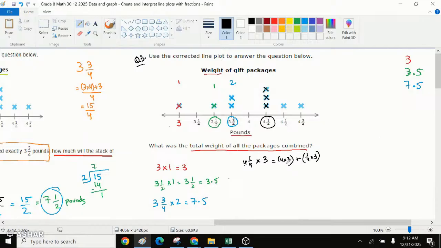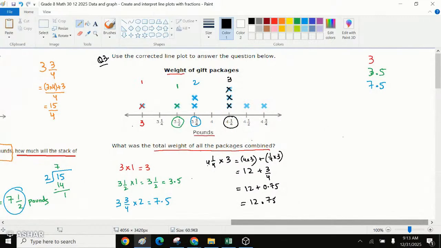4 multiplied by 3 is 12. And this is 3/4. 3/4 can also be written as 0.75. Therefore, the total comes out to be 12.75, for these three packages over here.